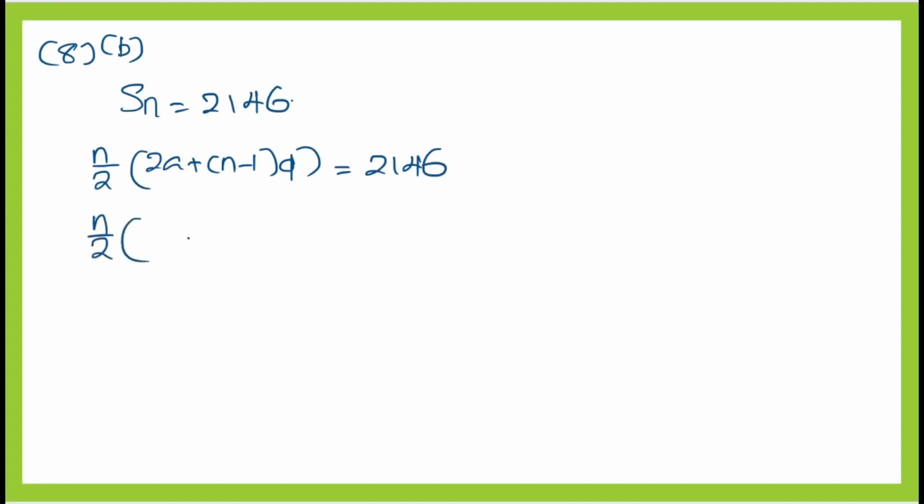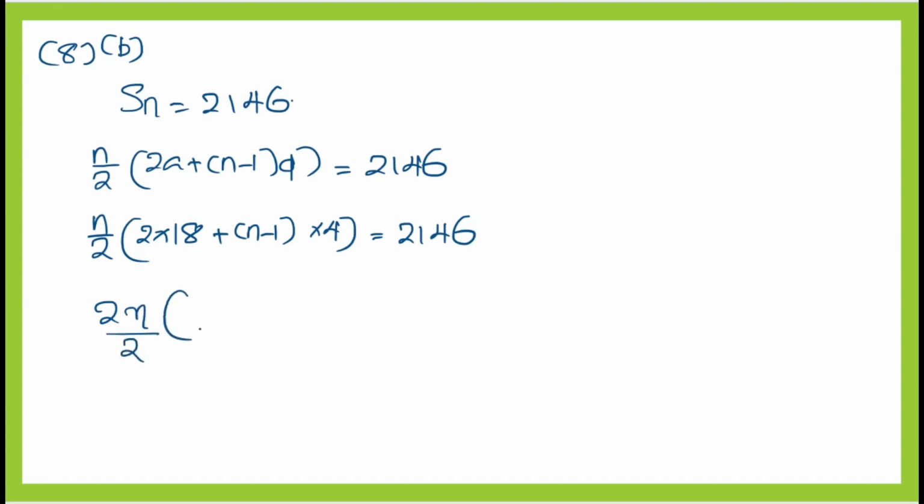N by 2 times (18 plus (n minus 1) times 4) is equal to 2146. Now take 2 as common from the numerator. Got 2n by 2 times (18 plus 2 times (n minus 1)) equals 2146.